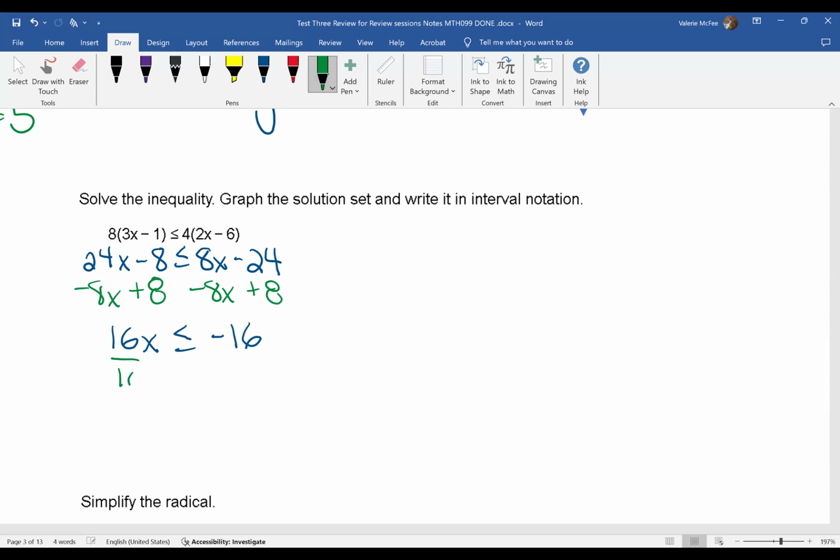Divide by 16. X is less than or equal to -1.